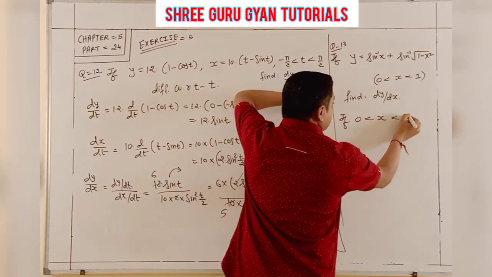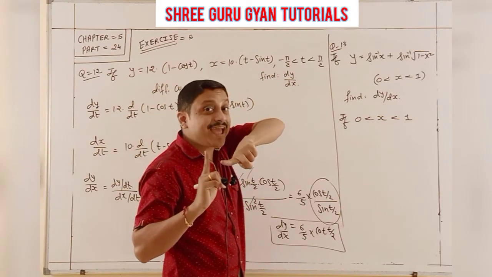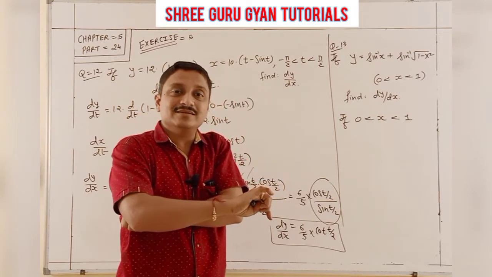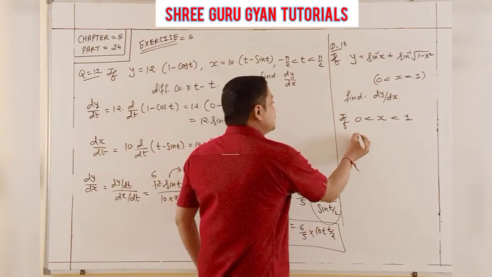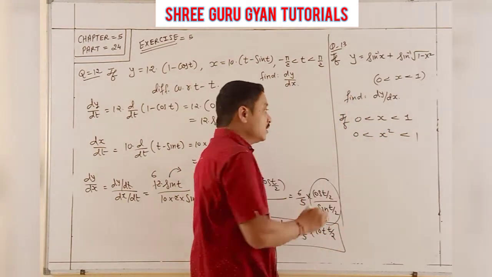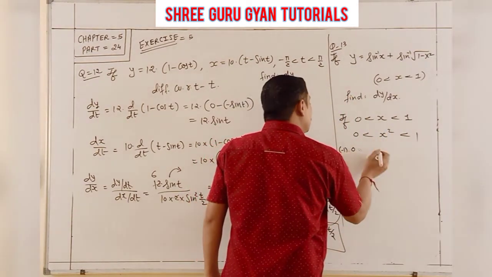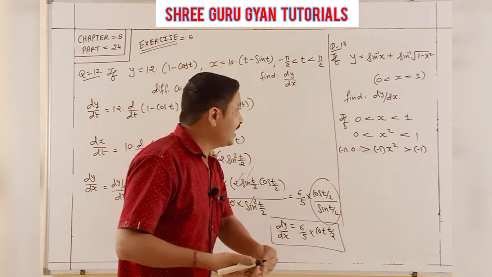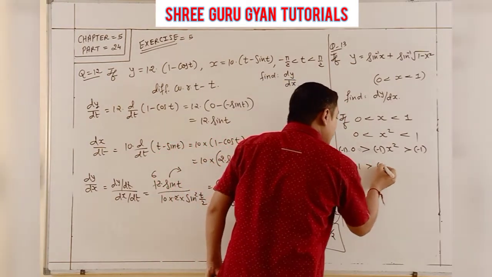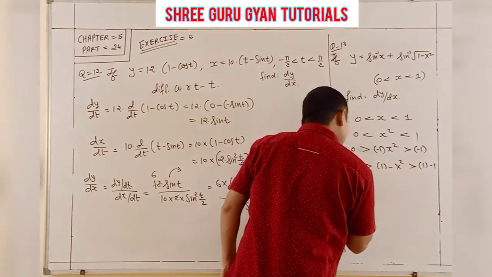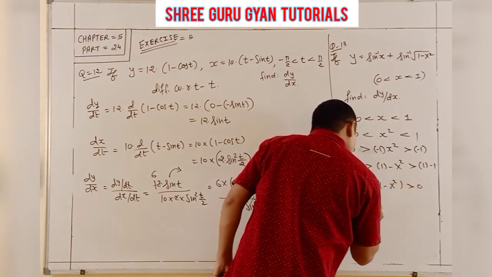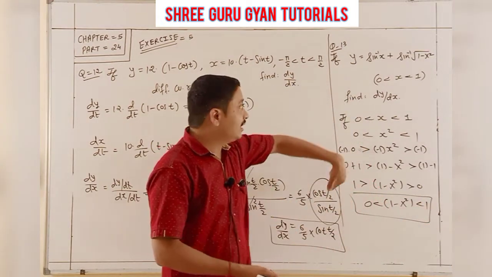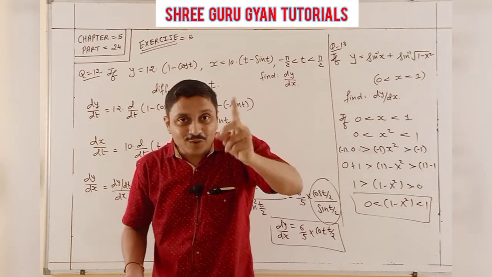So for the condition-wise method, look at 0 < x < 1. You must check whether this 1 - x square lies in the range of sin inverse, whether it is positive or negative. So first I square, multiply by minus 1 on both sides, the inequality changes, and add 1 on both sides. Here 0 to 1, it means 0 to 1. Check, it is true for the legal range of the sine function, positive.